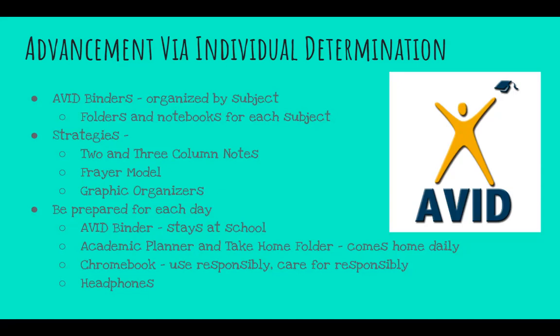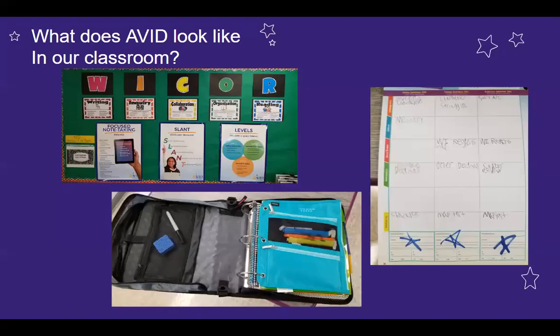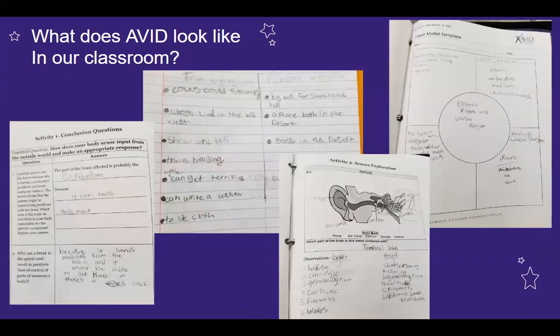We hope that they are using them responsibly and caring for them responsibly. Chromebooks should be charged every night, and students should come with headphones every day. In our AVID classroom, you might see a WICR bulletin board when you come in and visit. Students use their planner and their AVID binder, and a variety of graphic organizers to learn.